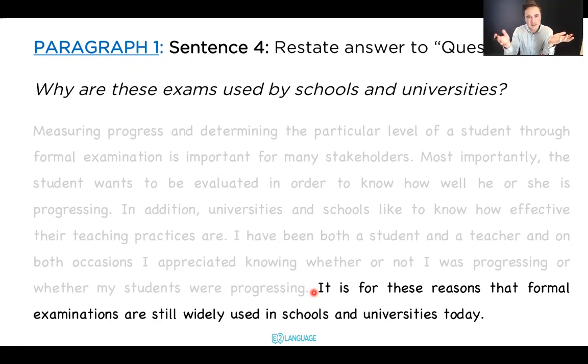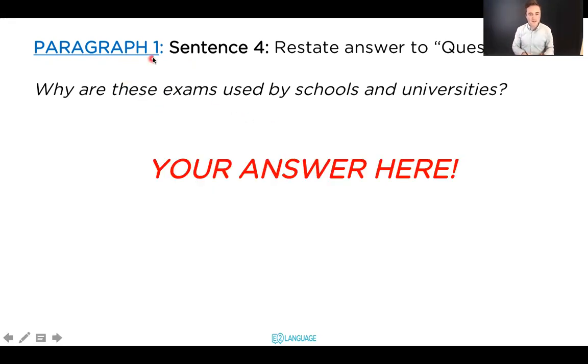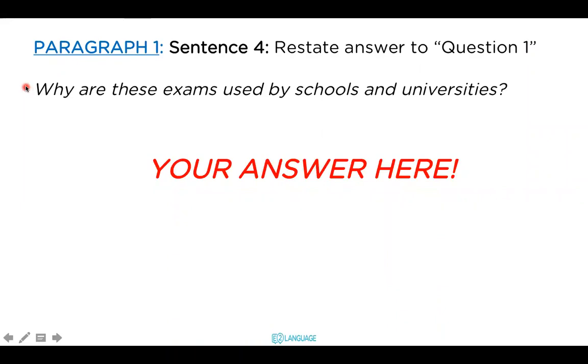It is for these reasons. That's a nice concluding way to summarize, or in sum, or in short. These are different ways to do it. Let's write the fourth sentence of paragraph 1, summing up your idea.